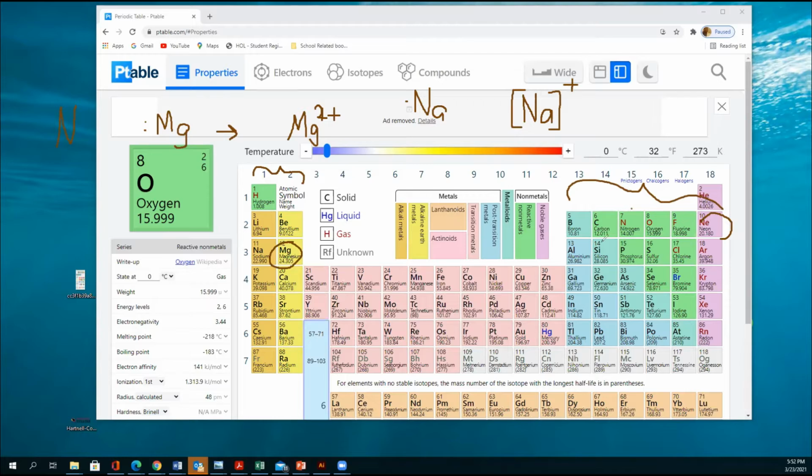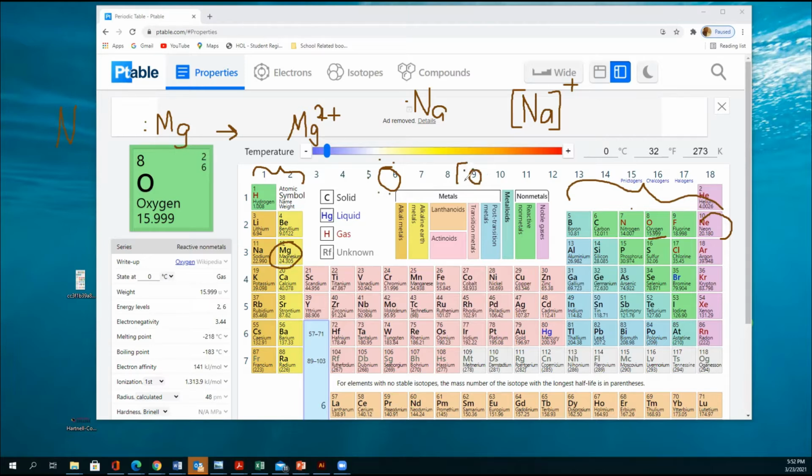Okay, what about, let's say, oxygen? What does oxygen need to do to be like neon? It needs to gain 2 electrons. So if it gains 2 electrons, well, we have 1, 2, 3, 4, 5, 6 valence electrons.